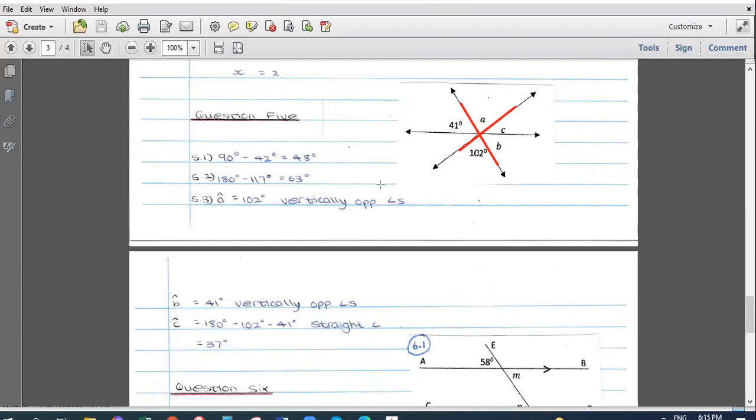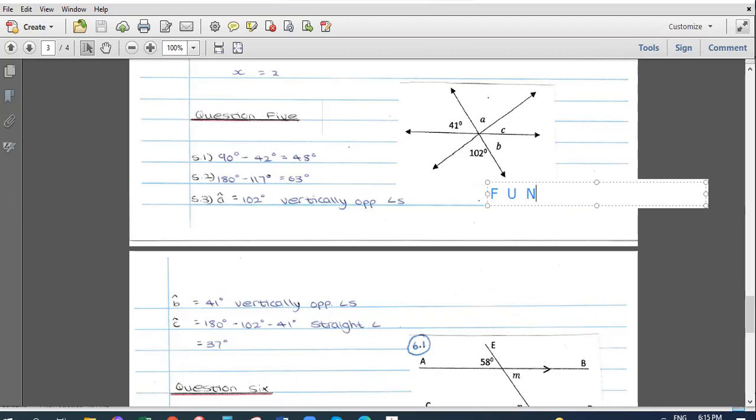The next one, boys and girls, just for you to remember that when we're working with geometry, we're going to work with the following. We're going to work with F shape when you're working with parallel lines. We're going to work with U shape.